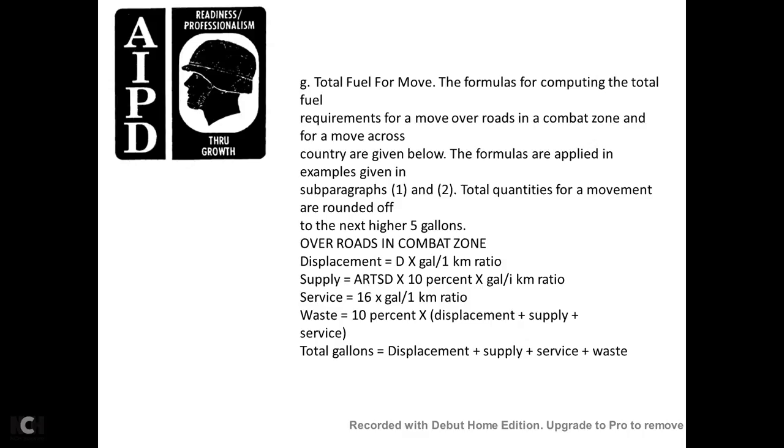Total fuel for the movement. The formulas for computing the total fuel requirement for the move over the roads in the combat zone or across the country are given below. The formulas are explained with the examples given in subparagraphs 1 and 2.